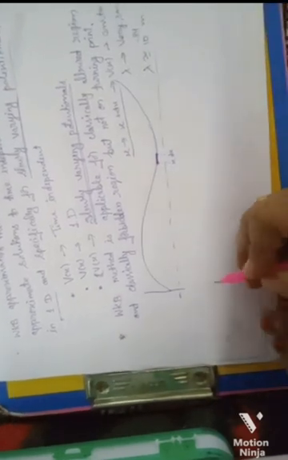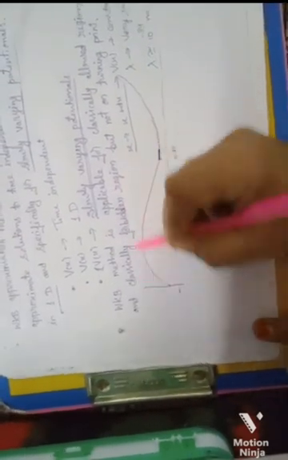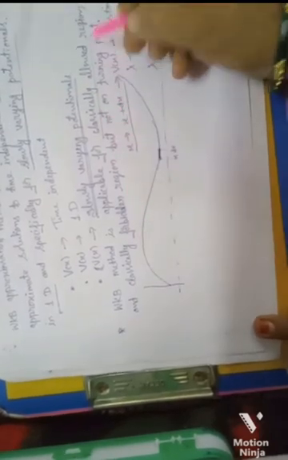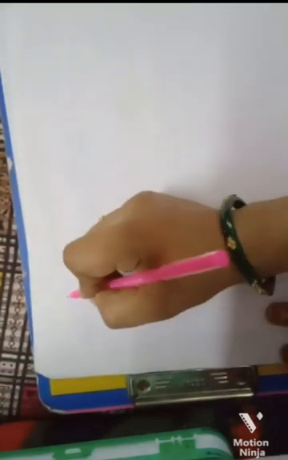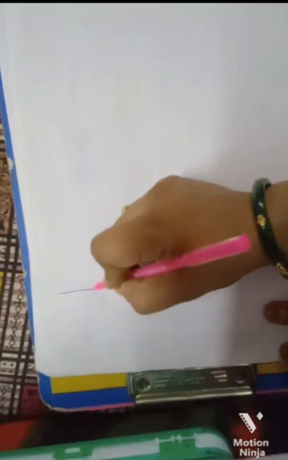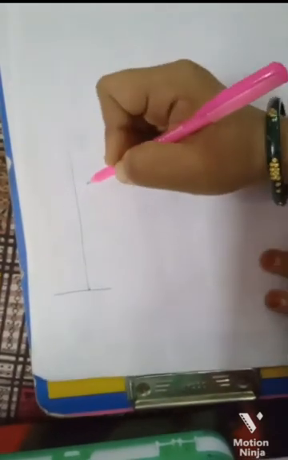Now what is the meaning of classically allowed here? The WKB method is applicable for the classically allowed region and classically forbidden region. Suppose we have one diagram.